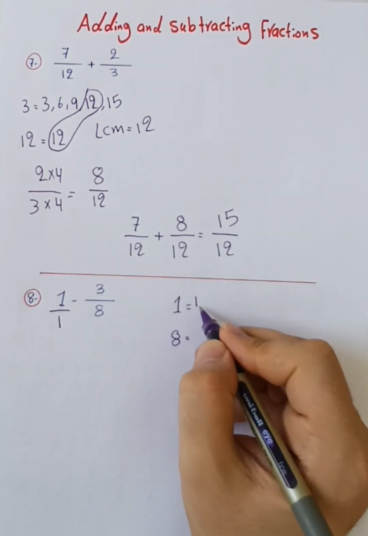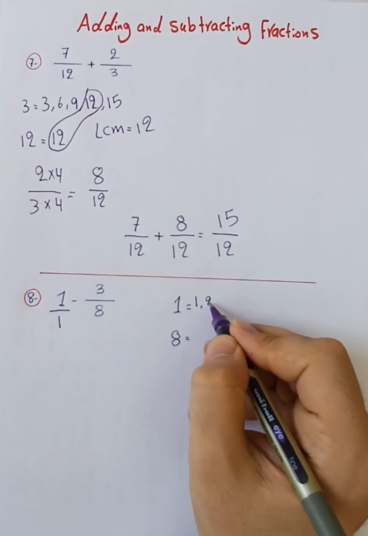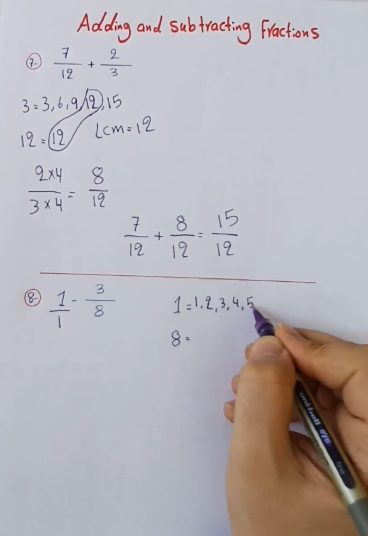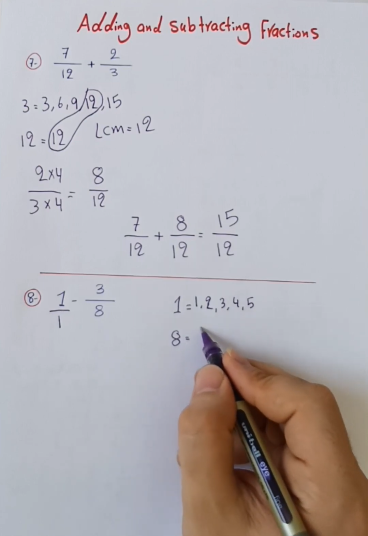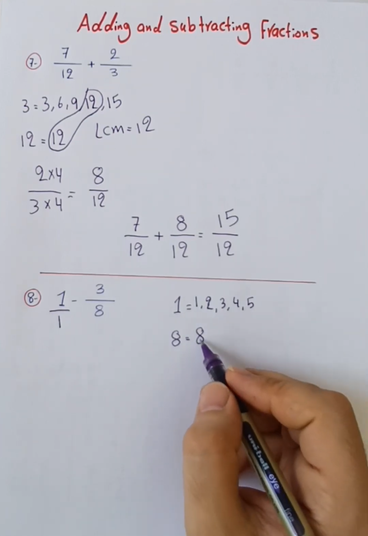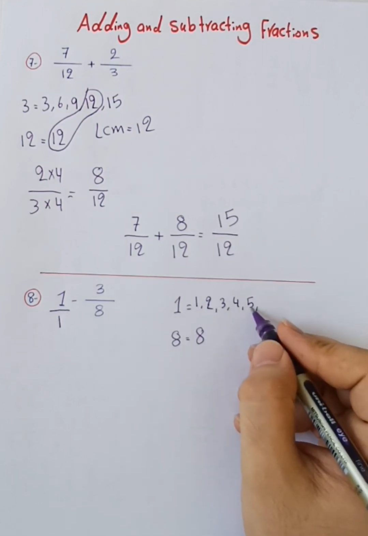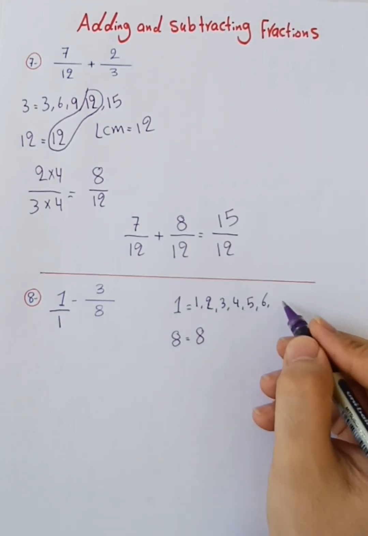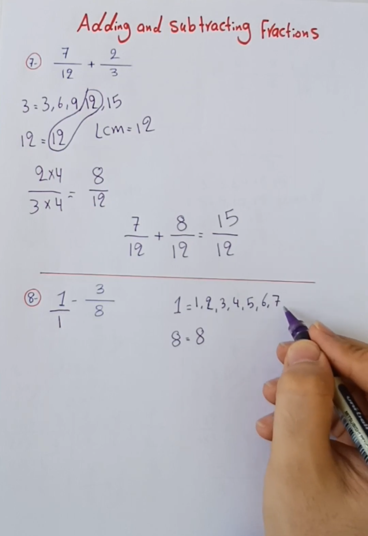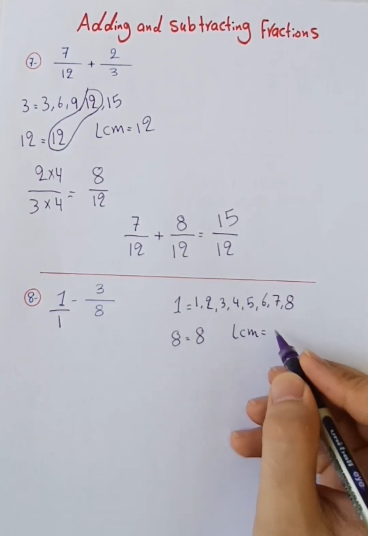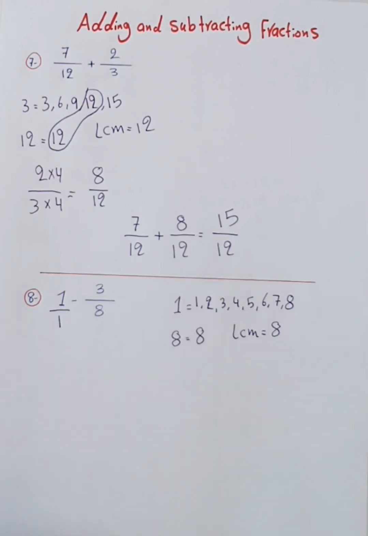For 1 we have 1, 2, 3, 4, 5. And then for 8 we have 8. 8 is greater than 5, so we have to continue for 1. After 5, 1 times 6 is 6, 1 times 7 is 7, 1 times 8 is 8.